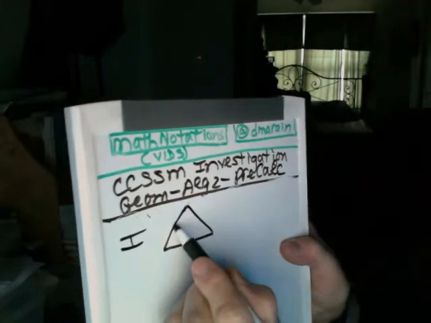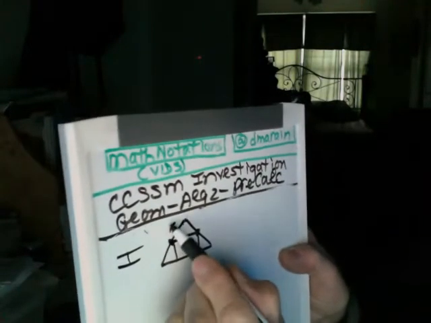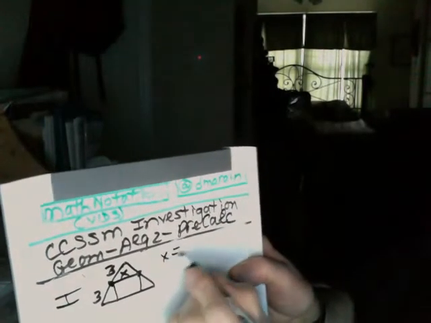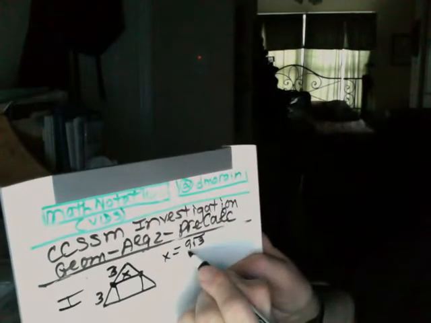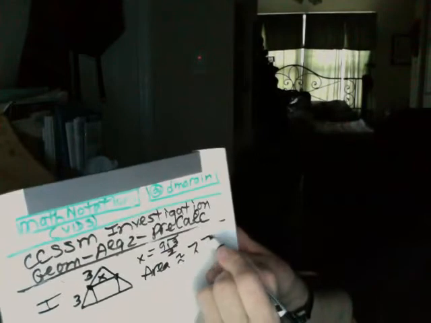Equilateral triangle, connect midpoints. And just to remind ourselves, 3 and 3 and x. And x turned out to be 9 radical 3 over 2. And the area is approximately 7.79.